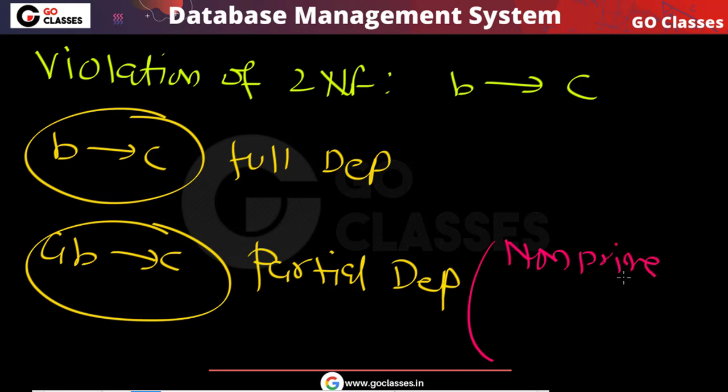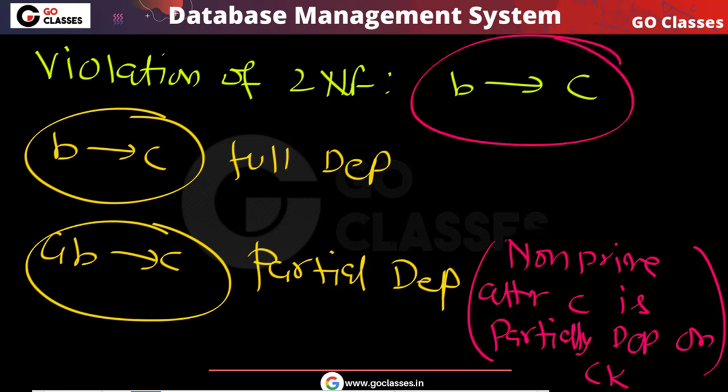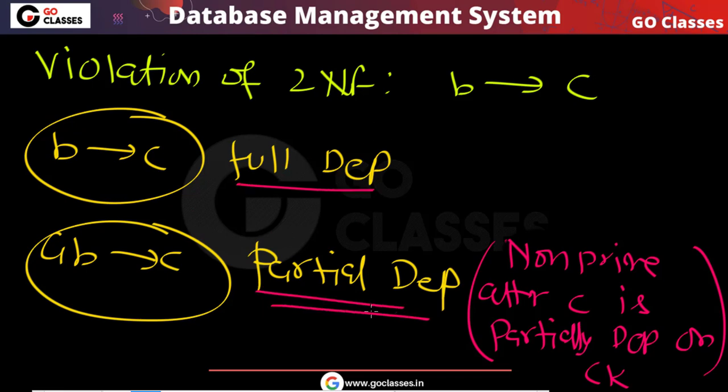Here the non-prime attribute is partially dependent on the candidate key. This is the reason we can say that this is not in 2NF. Remember, violation is this, but this is a full dependency, this is a partial dependency.